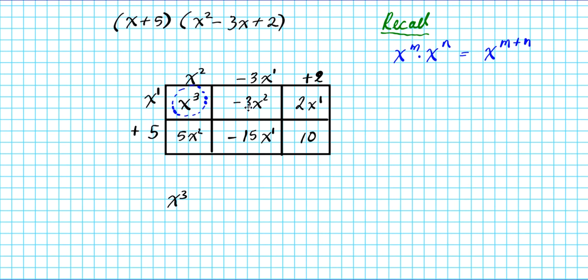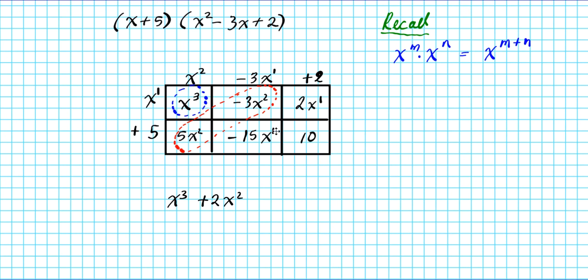Now, if you notice, these two terms on this diagonal are like terms. They're both second degree variables in the variable x. Okay, so you have 5x squared minus 3x squared. Those are like terms. We'll just combine the coefficients. Okay, so 5 minus 3 is 2, so plus 2x squared.